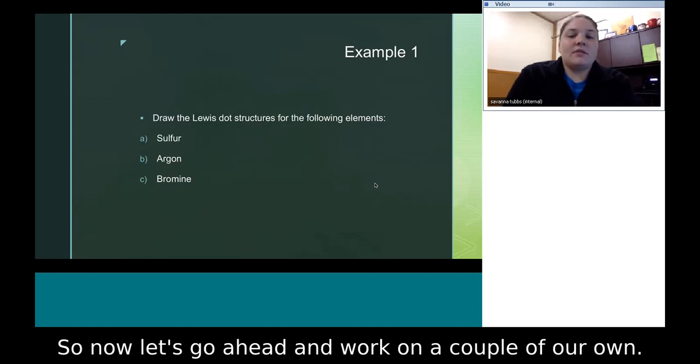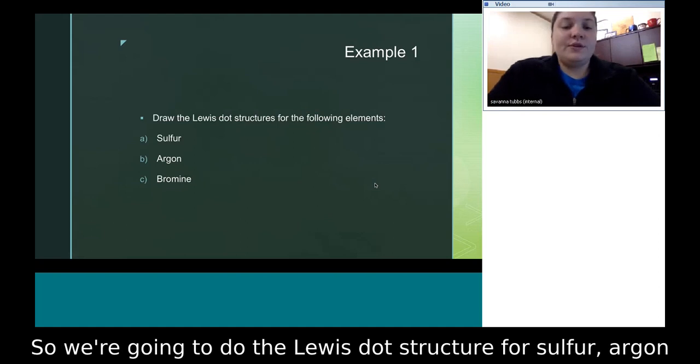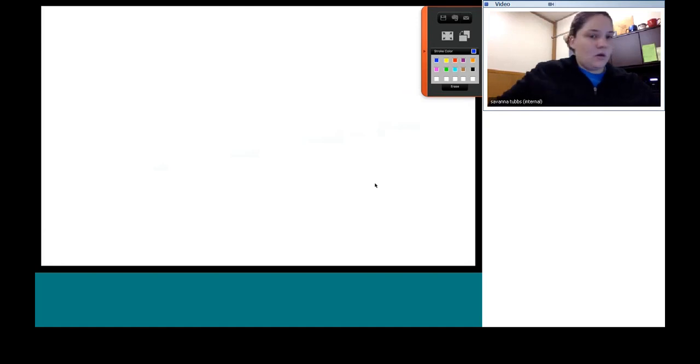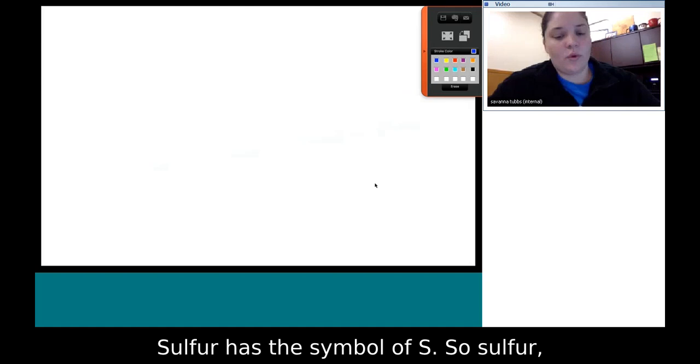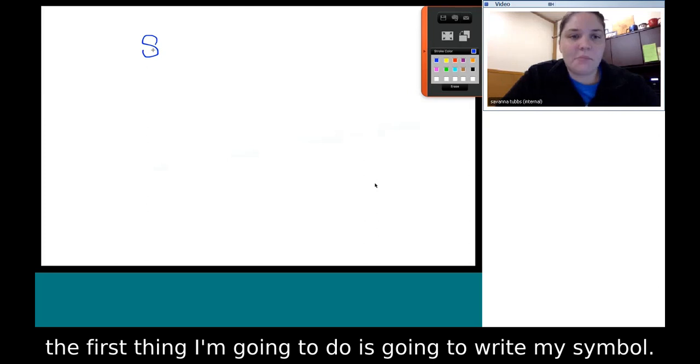So now let's go ahead and work on a couple of our own. We're going to do the Lewis dot structure for sulfur, argon, and bromine. All right, so let's start with sulfur. Sulfur has the symbol of S. The first thing I'm going to do is write my symbol.